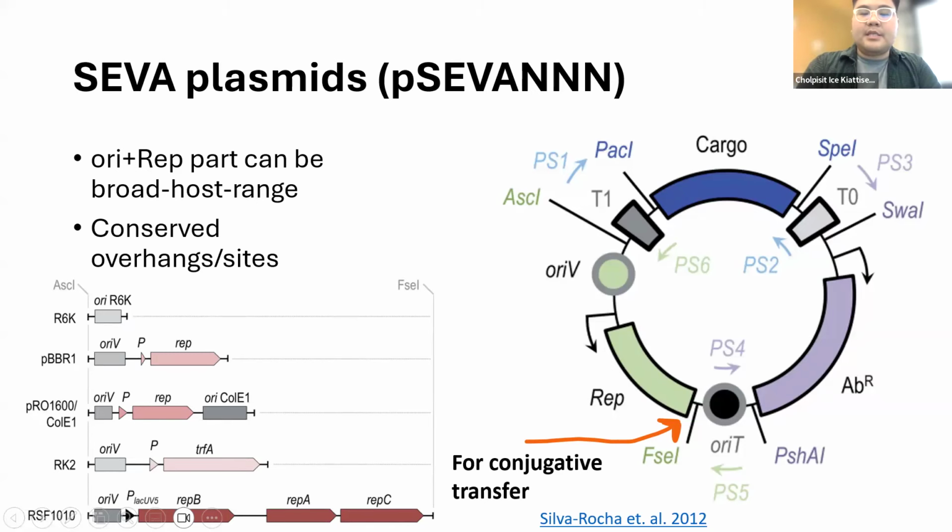So this is the key difference between the SEVA system and the BioBrick system, in my opinion, where you can have this origin of transfer for the conjugation. You can also change this origin of transfer into something else if you really want to optimize that process.